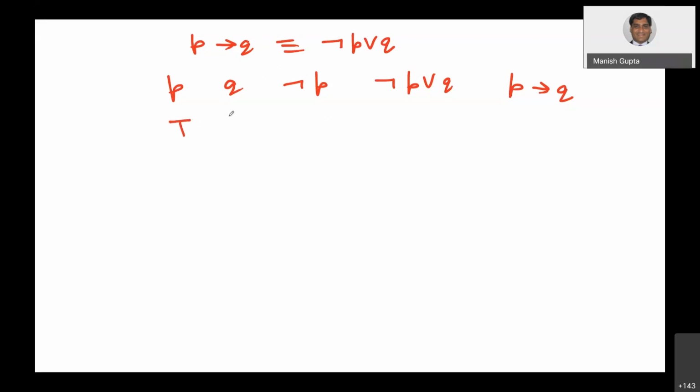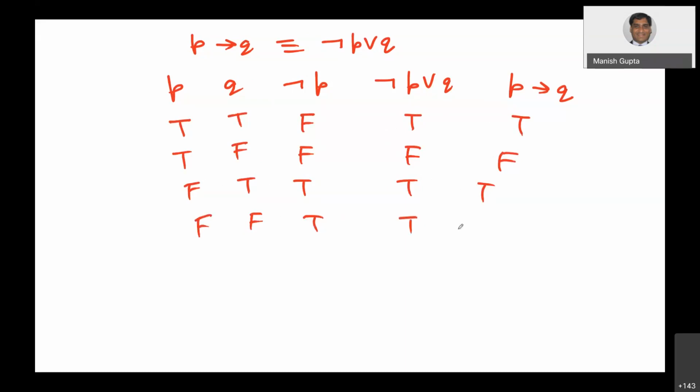P is true, Q is true, negation of P will be false because P is true. This will be true, this will be true. This is true, this is false, this is false, this is false, this is false. This is false, this is true, this is true, this is true, this is true. This is false, this is false, this is true, and this is true.